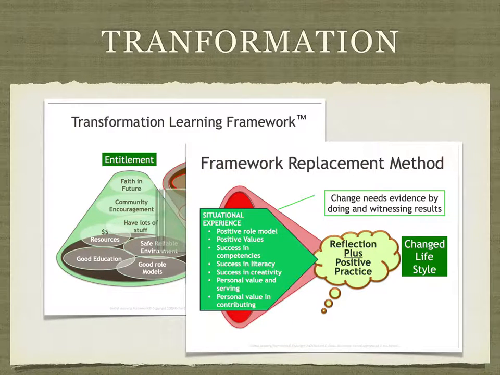So it's reflection, but the reflection must be based on a set of values that have been changed, experiences that have been changed. So we create a whole series of successes, and this builds a positive practice. This is one of the methodologies that we can see the inner city charter schools having a lot of success with, and that gives us a changed life.